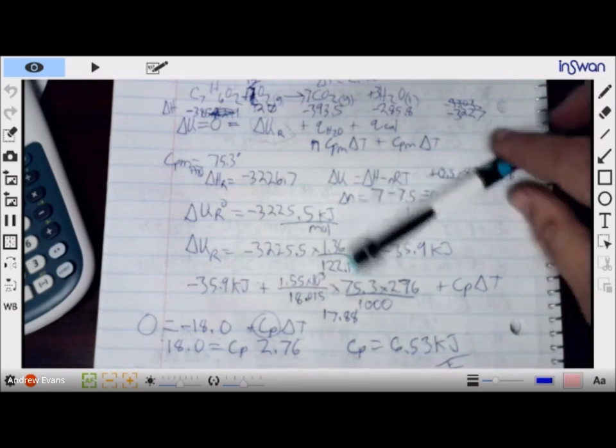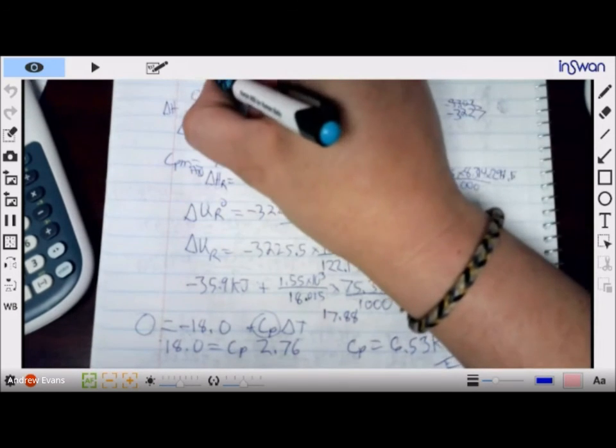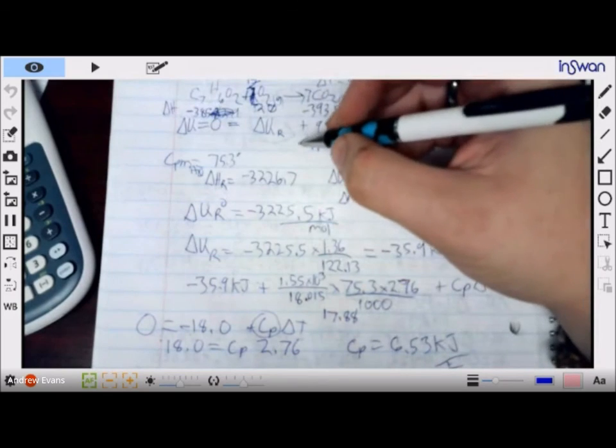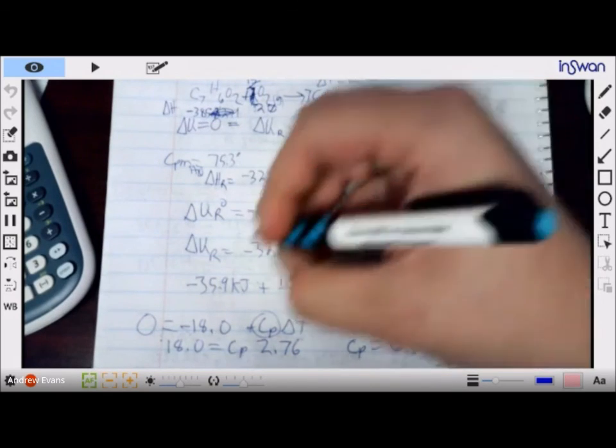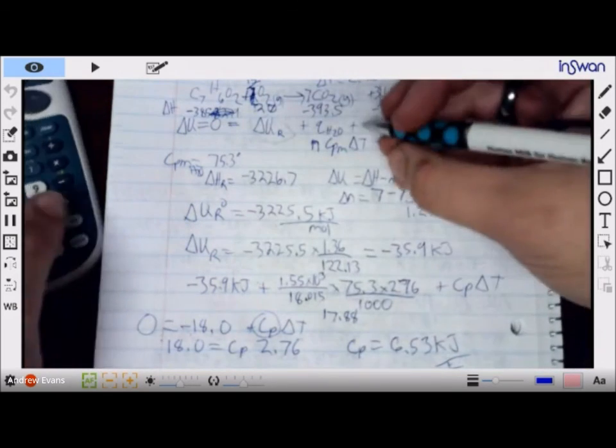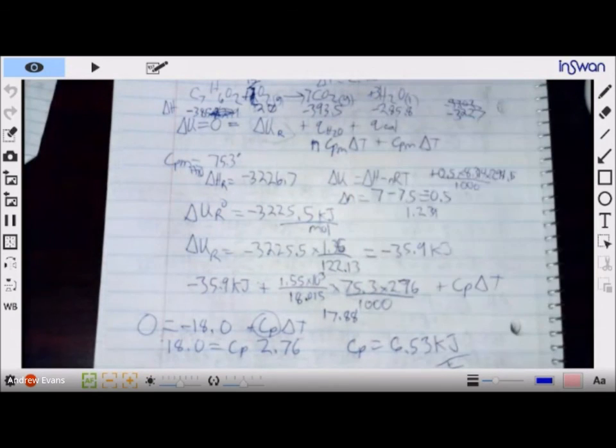Oh, shoot. There's one minor error. That's 1.35 grams there, not 1.36. So that changes my number oh so slightly.